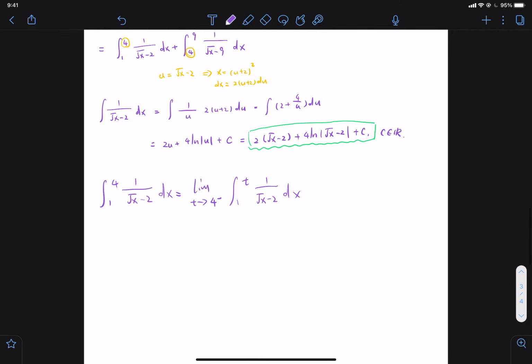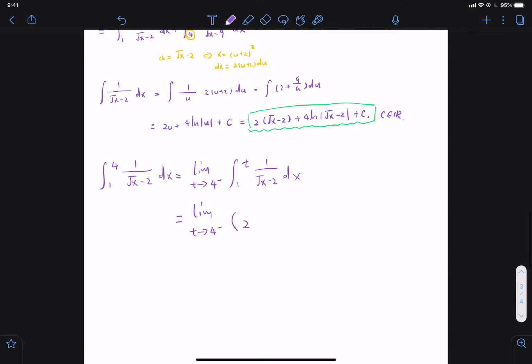And according to the fundamental theorem, we can change the definite integral there to that function that is 2 times square root of t minus 2 plus 4 ln t minus 2, right, of this one.